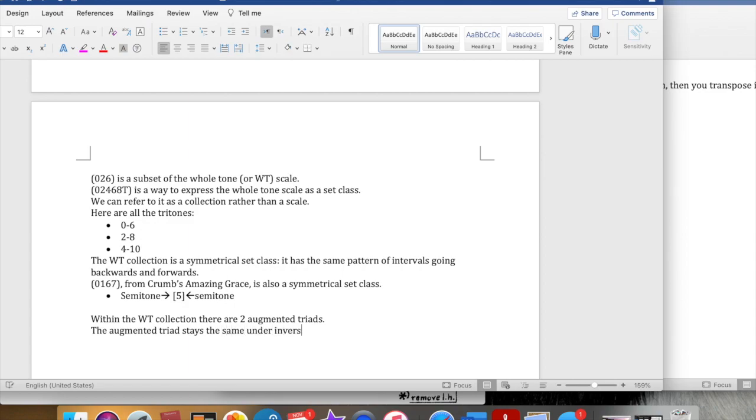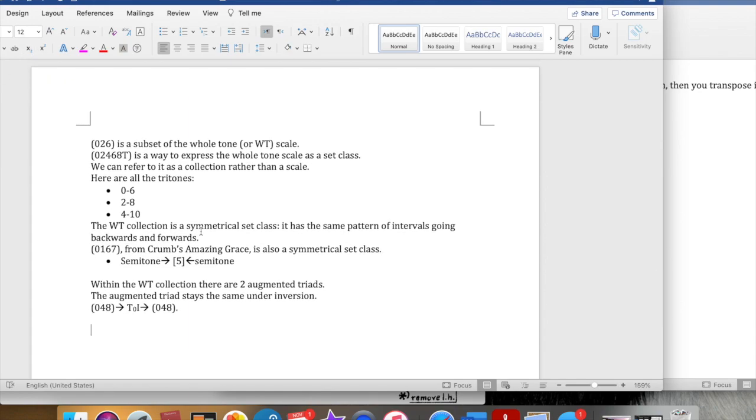under inversion. So if you start with 0, 4, 8, and then you try to invert it by T0I, as in just inverting it, not transposing it, you will still get 0, 4, 8, which is a cool quality of it.